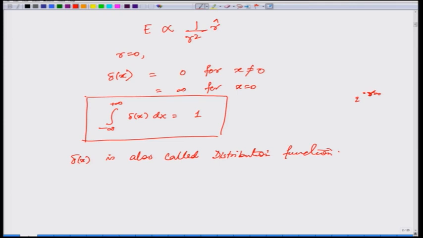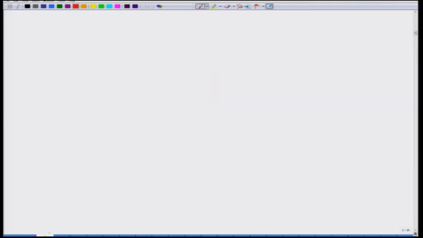So let us look at some limiting cases. Let us say I define a rectangle of unit area such that its width is n and its height is 1 by n.